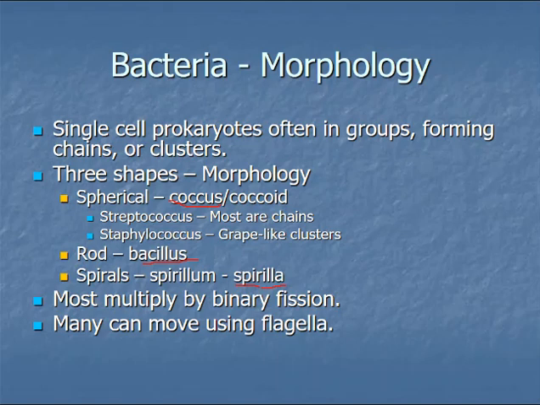They can move by using flagella, and they can get around pretty fast with those too. They are in a small world, but if you're moving fast in a small world, you may not be moving far, but you are moving fast. So a lot of them do have flagella.